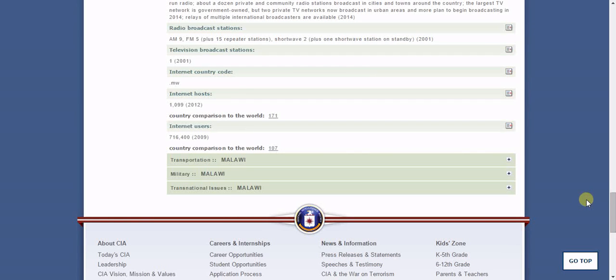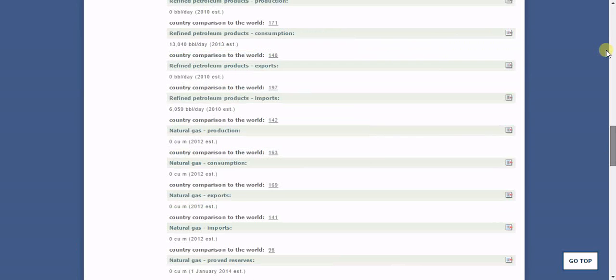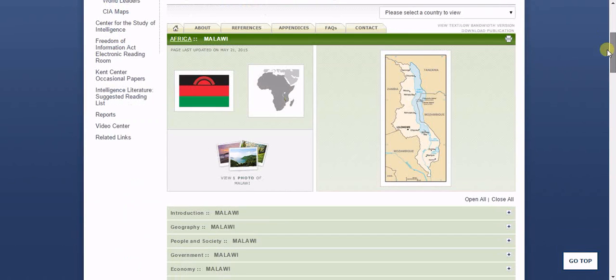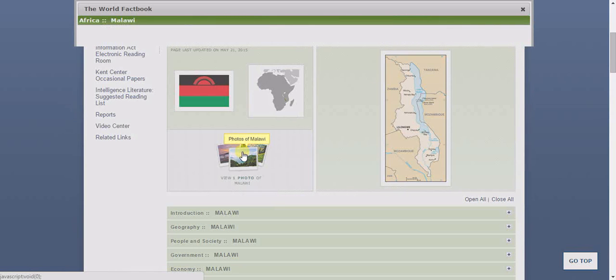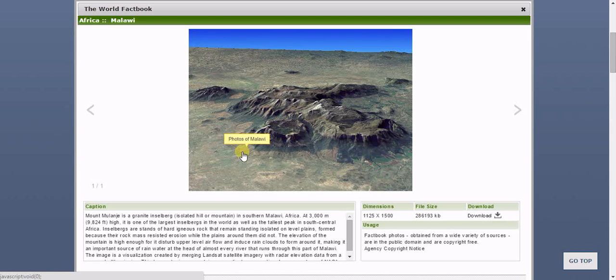So this is a wonderful resource, and everything's just all on the one page, really, everything you need. And then you also have a photo. Usually each country has at least one. This one happens to be of the highest point in Malawi.